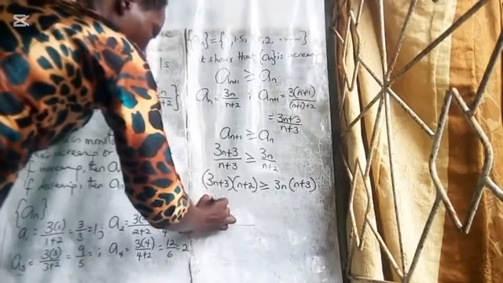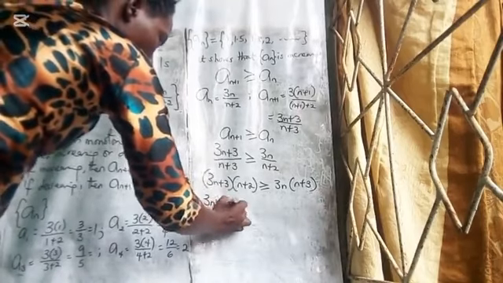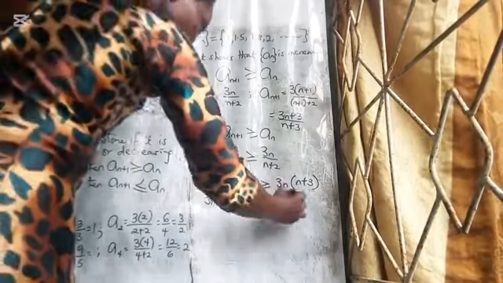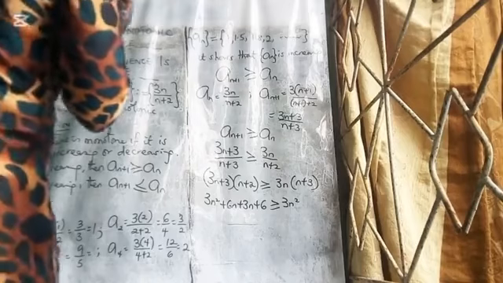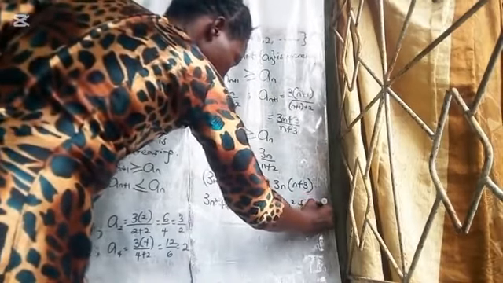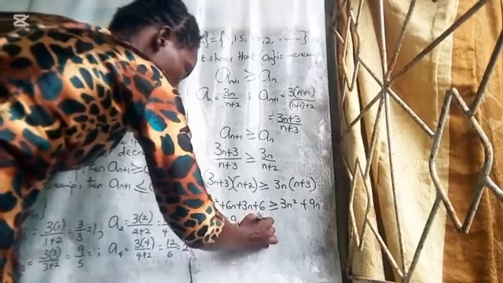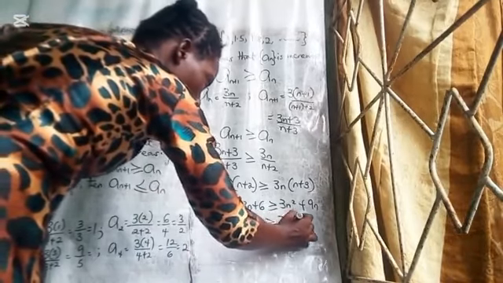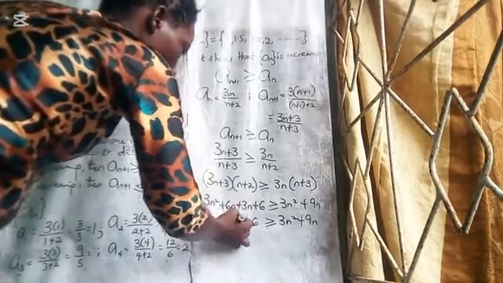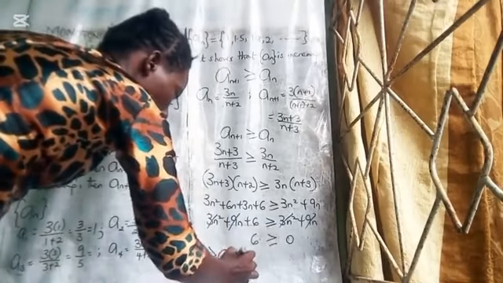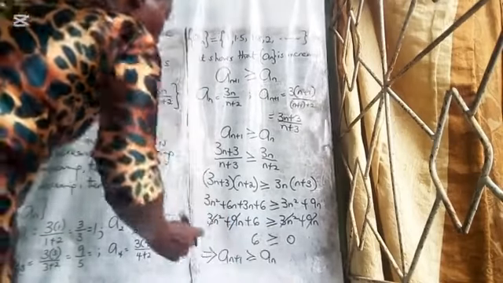This gives me 3n squared plus 6n plus 3n plus 6, which is 3n squared plus 9n plus 6, to be greater than or equal to 3n squared plus 9n. When we cancel the common terms, we have 6 greater than or equal to 0. So a sub n plus 1 is greater than a sub n.